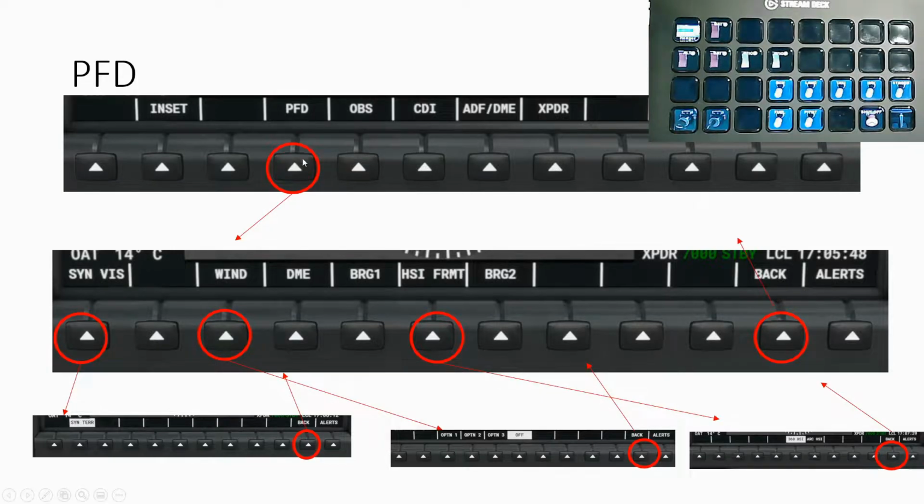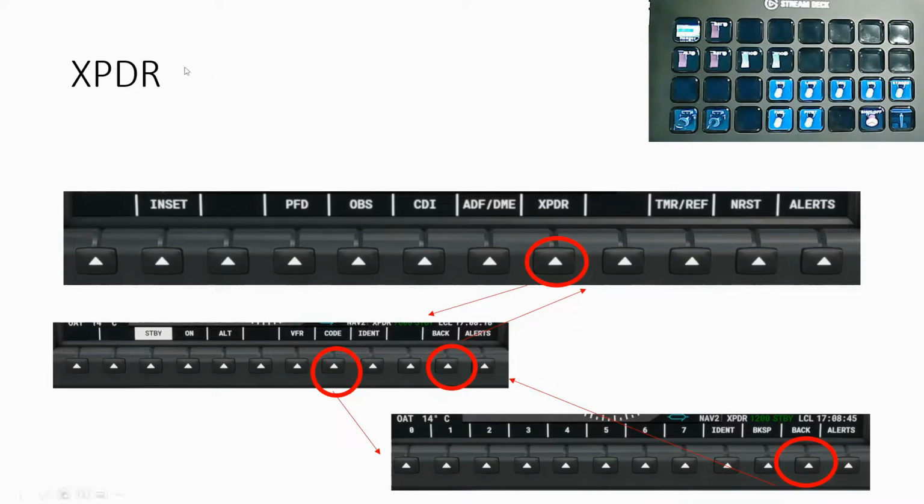If we click on the PFD button, that opens up this set of options. Some of them are direct actions, but some of them lead us down to a sub menu. So that one takes us down to here with the back button. That one takes us down to this level here, again immediate effect buttons and a back, and this one here takes us to this one here, changing the HSI format. Clicking back brings us back. So if we write down the depths here, back, and we're back to the top again.